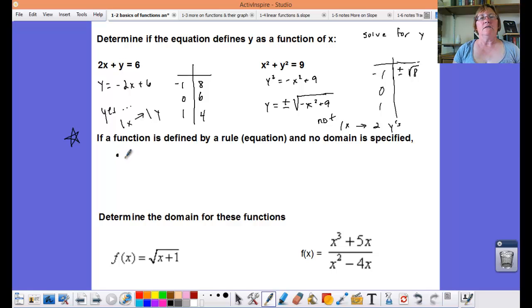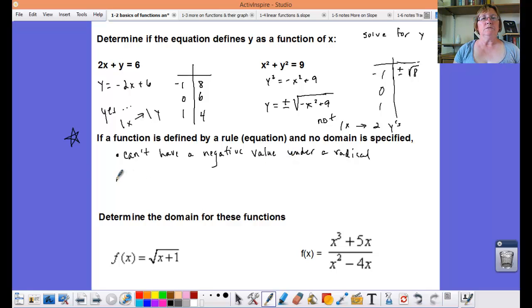You can't have a negative value under a radical. So any x that produces a negative value under the radical is not allowed in the domain.